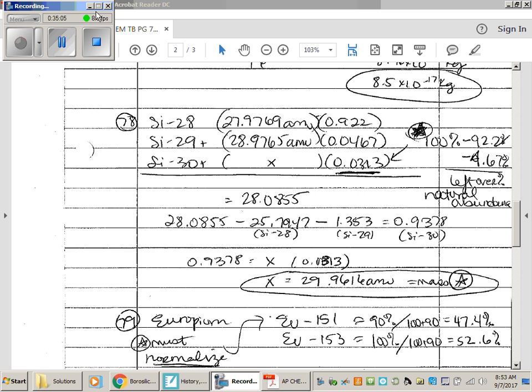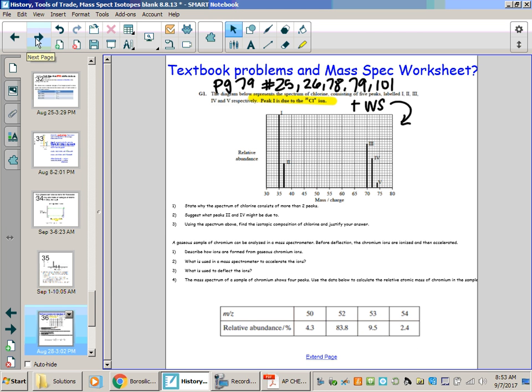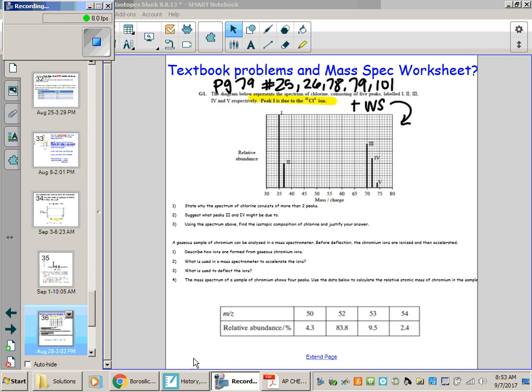You plug in, that's this number. That's 8 here, so it's 29.955. And then you multiply that by 3 and get whatever the actual atomic mass.